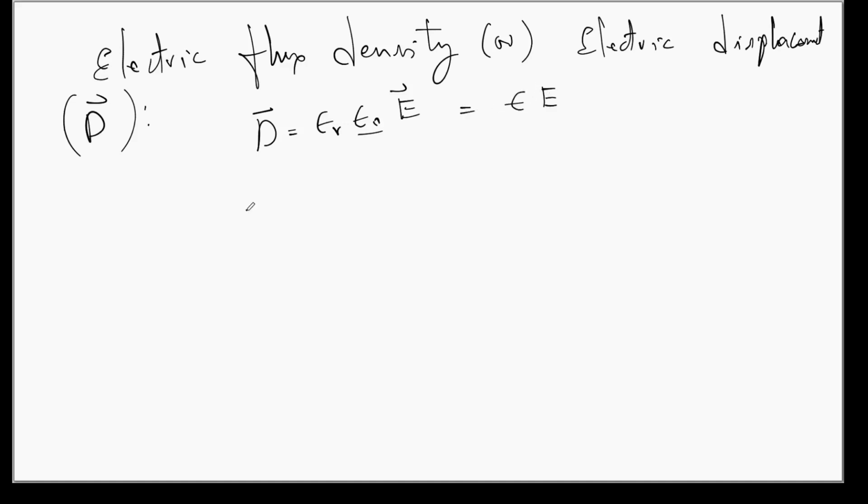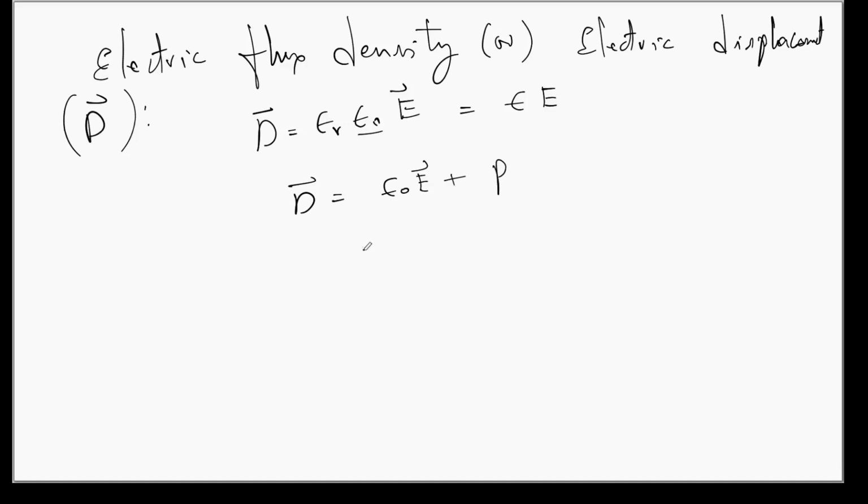When you place the material in an external electric field, the polarization measures the additional flux density arising from the presence of the material as compared to free space. So we write D as epsilon 0 E plus P, that is the polarization vector.